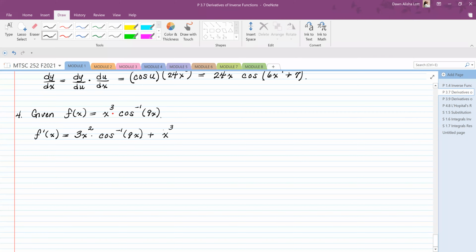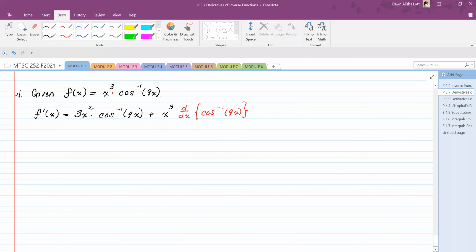And now here comes the hard part. We have to take the derivative of cosine inverse of 9x. Normally when I solve this, I just solve the whole problem straight through, but for those that may still have some trouble with taking the derivative of the cosine inverse of 9x, I'm going to do it separately for you.